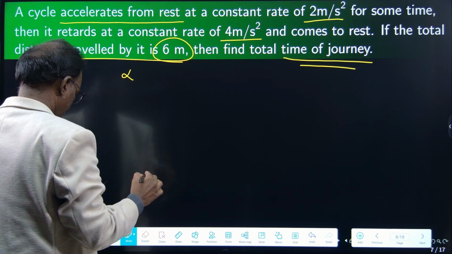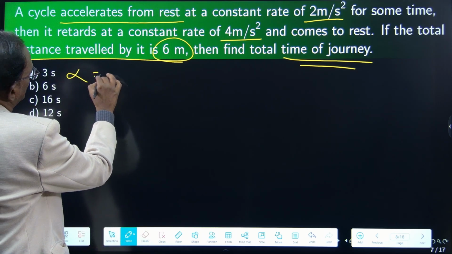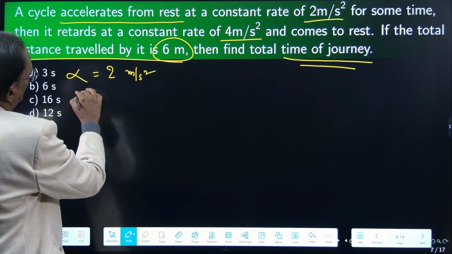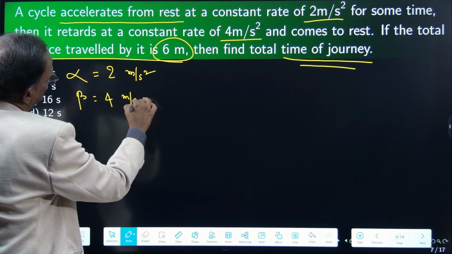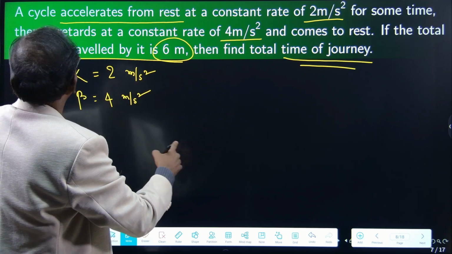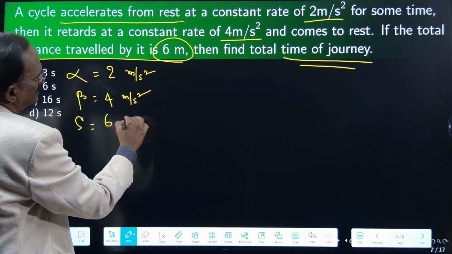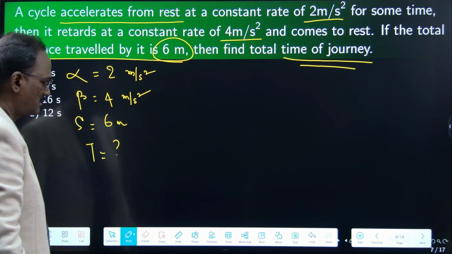Alpha is 2 meter per second square, beta is 4 meter per second square. The total distance is 6 meter, then total time of journey is what?